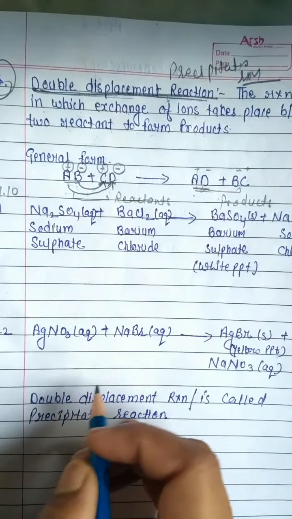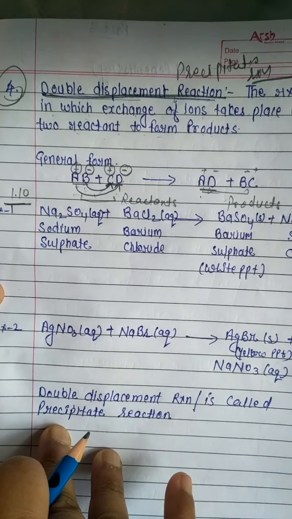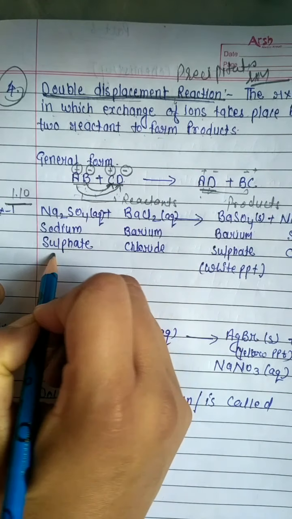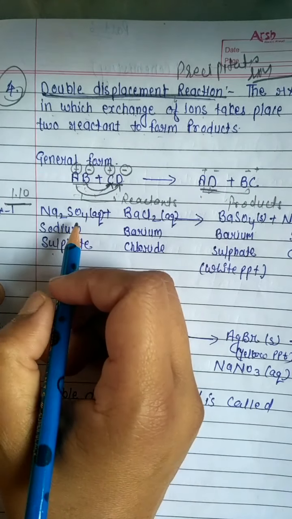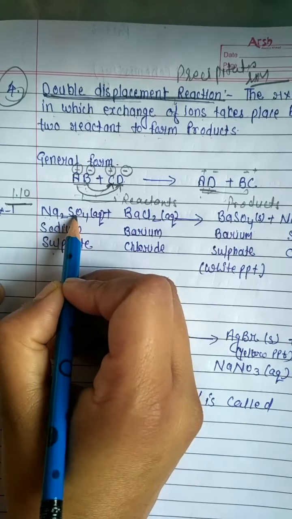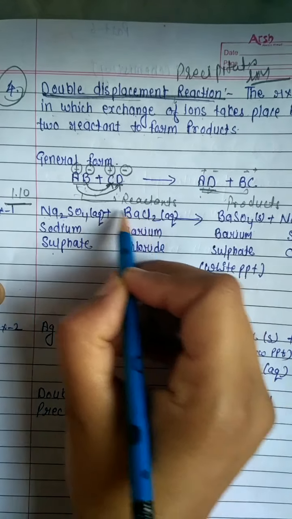Now we are taking activity 1.10. In this, we are taking sodium sulfate. Firstly, what is the formula for sodium sulfate? Na2SO4, and barium chloride, BaCl2.